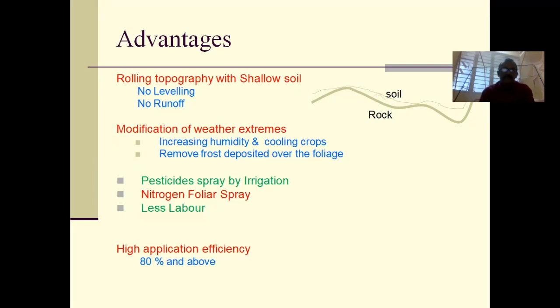And one more advantage with the sprinkler is we need to spend only less on labor. And the last and important advantage is that with sprinklers, we will be able to apply water very efficiently, and we will be able to get an application efficiency of 80% and above.